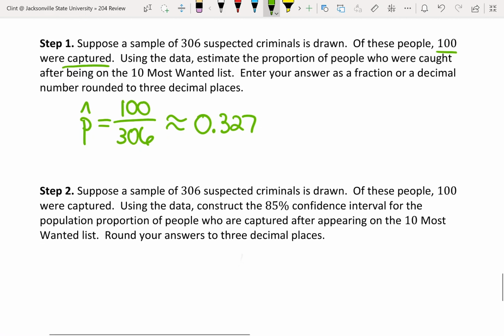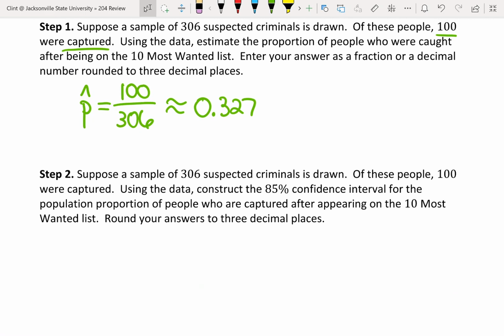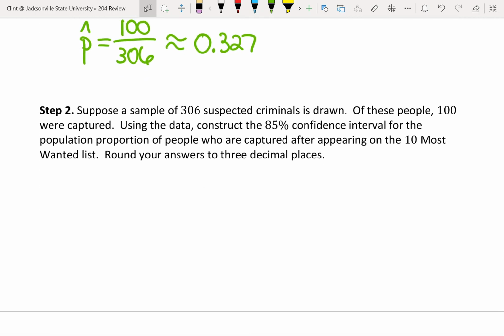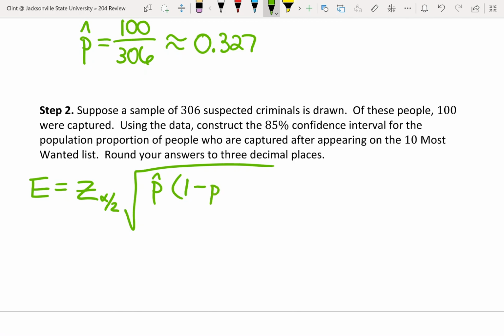And then step 2 says make the interval. We want 85% confidence interval. So our margin of error for this one's easier to pick out because it's the only one with proportions. Critical Z times the square root of p hat times 1 minus p hat over n.